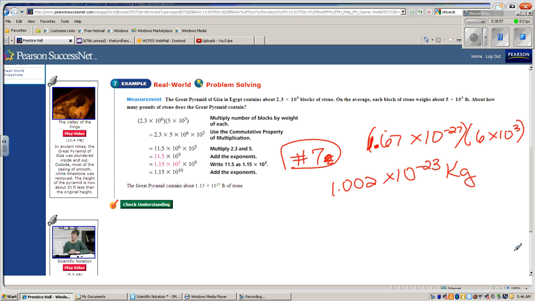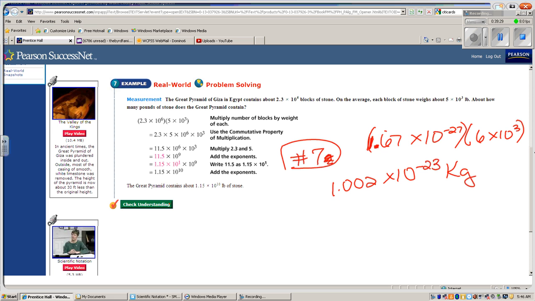Okay, and then when you add the exponents here, negative 27 plus 3, what do you end up with? Okay, take that number, move your decimal so that you have a number between 1 and 10, and then take away from your exponent. Okay, so we're going to stop there.